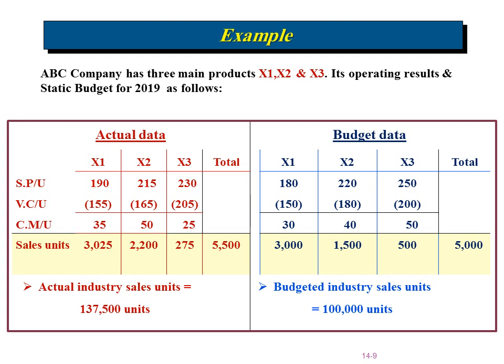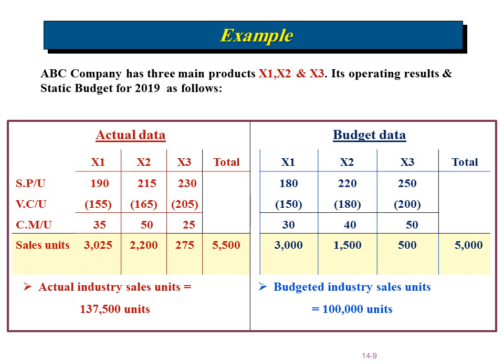Variable cost per unit is 155 actually, budgeted 150. The difference between selling price and variable cost, the contribution margin for X1, is 35 actual and 30 budgeted. My actual total sales units are 5,500, and my budgeted total sales units are 5,000 for X1, X2, and X3.